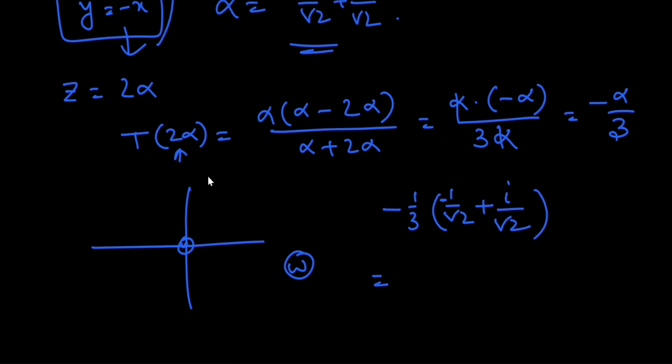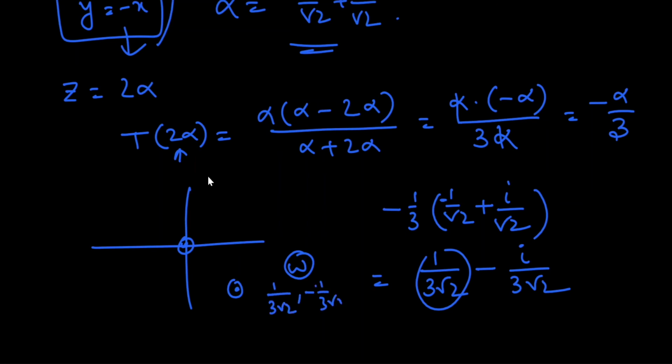So this is equal to 1 by 3√2 minus i by 3√2. This plus-minus means the fourth quadrant. So suppose this point is 1 by 3√2 and minus 1 by 3√2, this is the point.